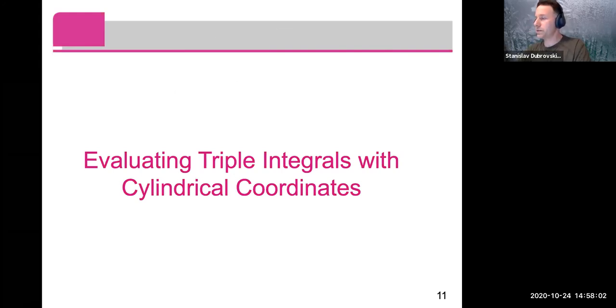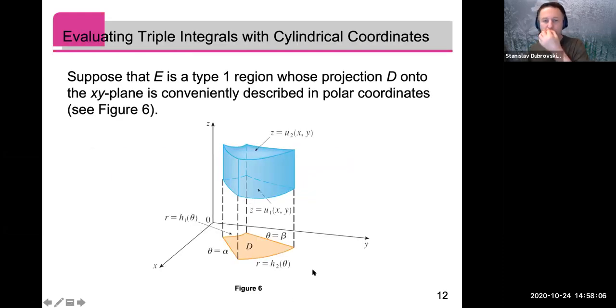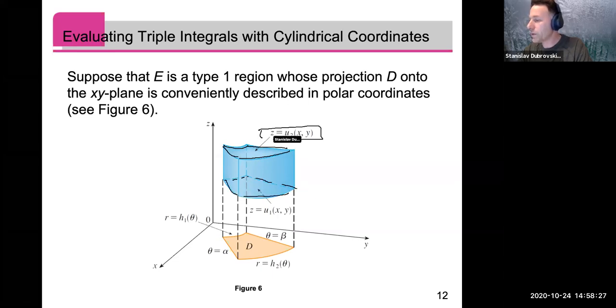So let's see. Here maybe rotational symmetry is not obvious at all unless you look at the image, at the projection on the xy plane. But what do we see here? We see the typical type 1 solid, where you have well-defined top and bottom limits, top and bottom lids of your region as functions of x and y.